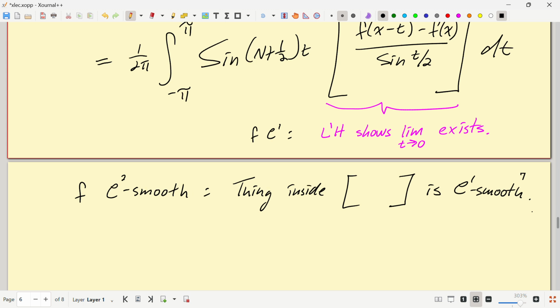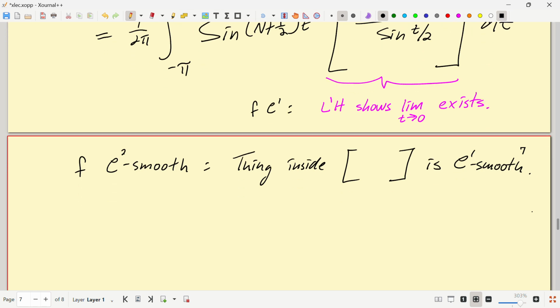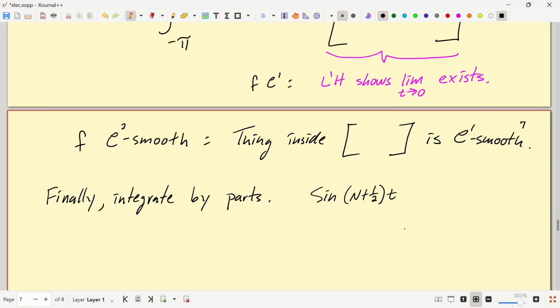But now remember, you can integrate by parts. I showed you that the Fourier coefficients go to 0 by integration by parts. So finally, integrate by parts. When you integrate by parts, I'd have the sine of n plus a half t, that would be the dv, dt.